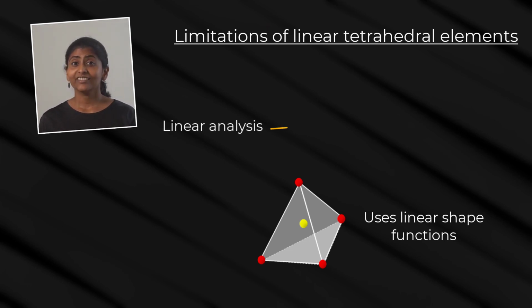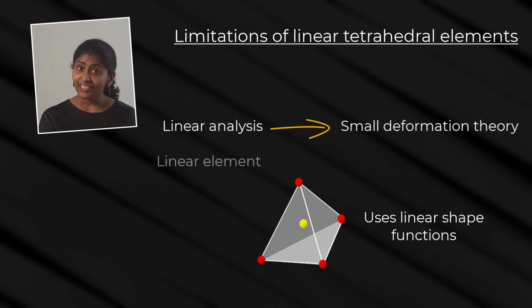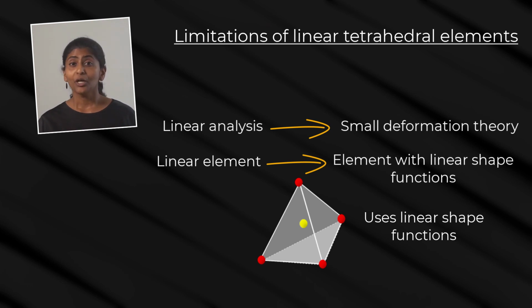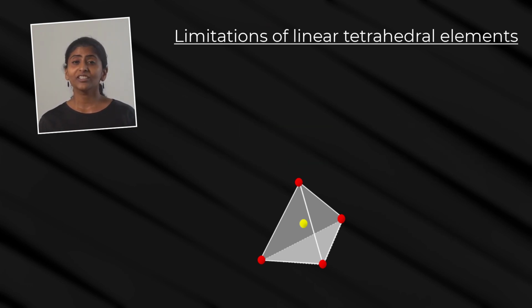Linear analyses assume small deflection theory, while a linear element describes an element with linear shape functions, but we should not confuse the two, as a linear or lower order element could still be used in a nonlinear analysis. So, going back to our topic, lower order or linear tetrahedral elements suffer from the following.